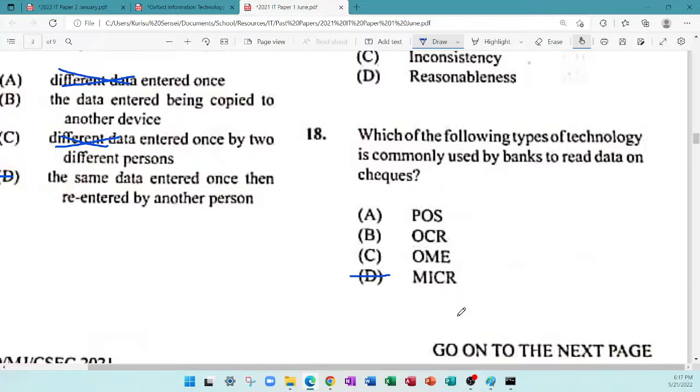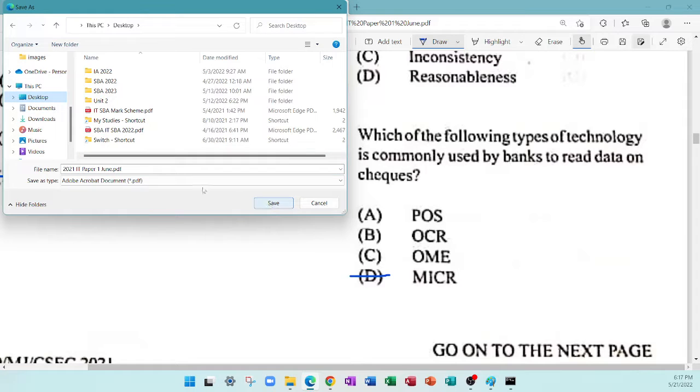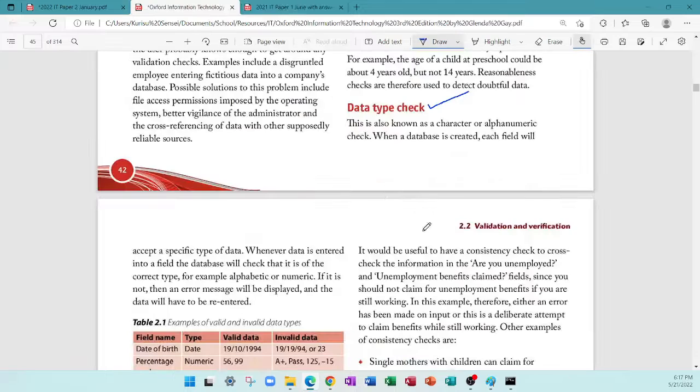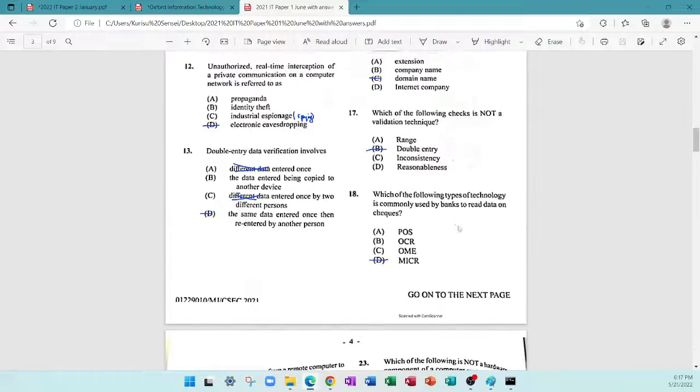POS. Processing of storage? You don't know the POS cycle? Point of sales. Y'all never learned POS?